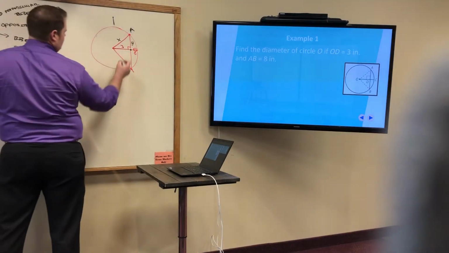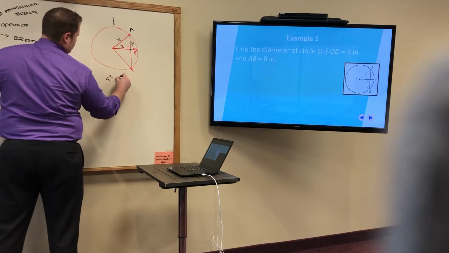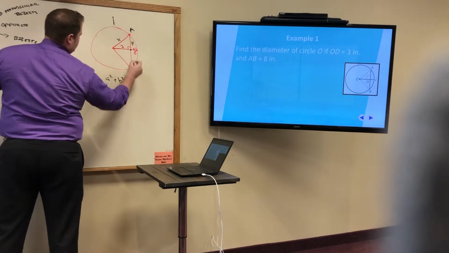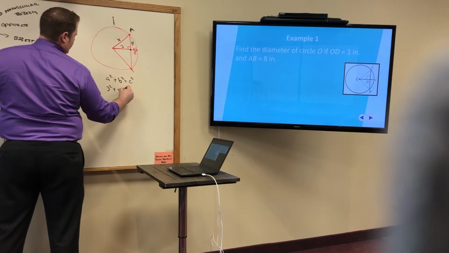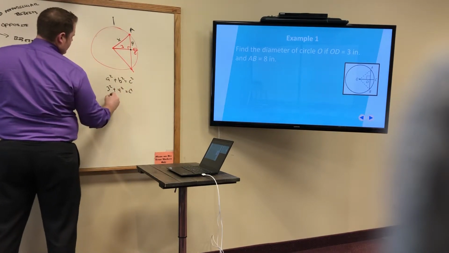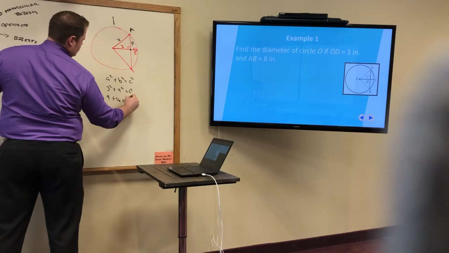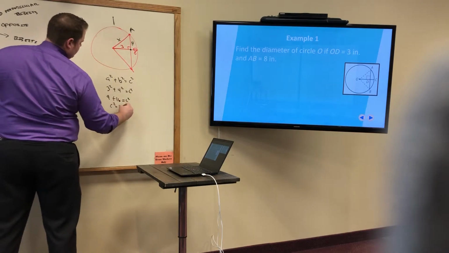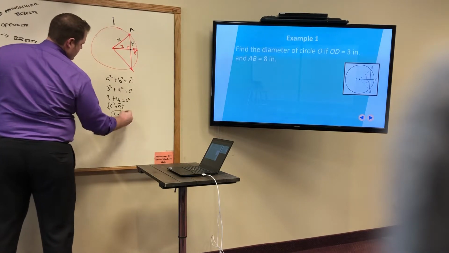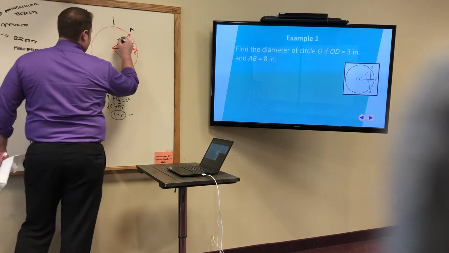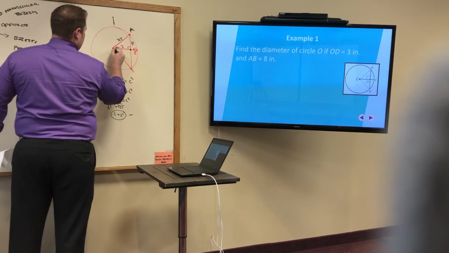Okay, so what would we do? Well, a squared plus b squared equals c squared, right angle, right? 3 squared plus 4 squared equals c squared, 9 plus 16 equals c squared. c squared equals 25. Square root, c equals what? So what's my diameter going to be? Think about this.